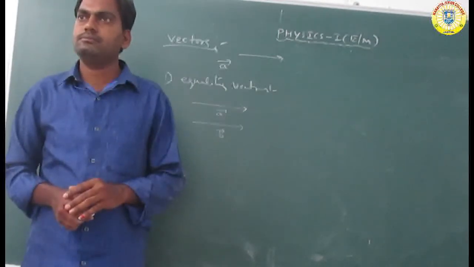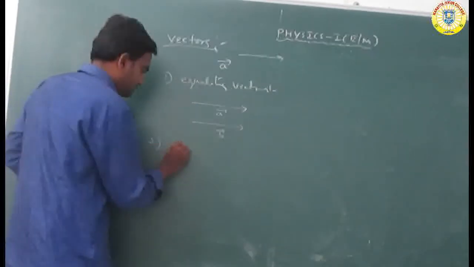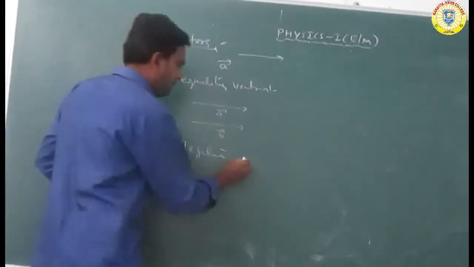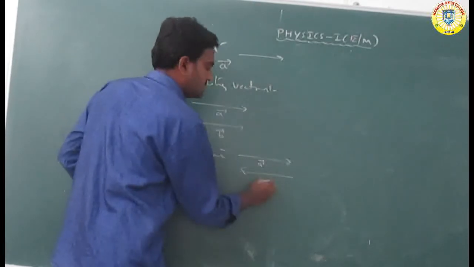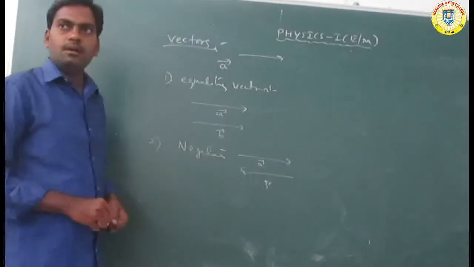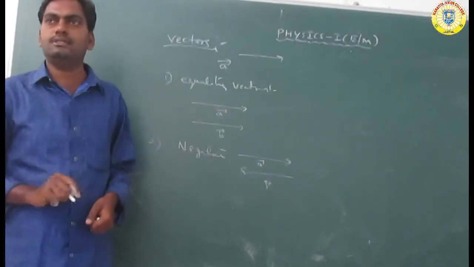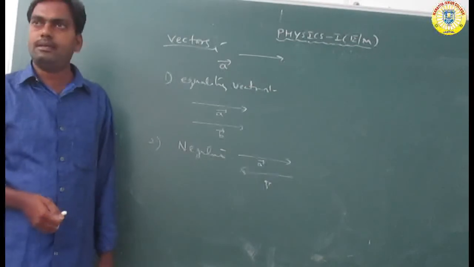Got it? Now another type is negative vectors. Negative vectors have the same magnitude but opposite direction. So that is called a negative vector.